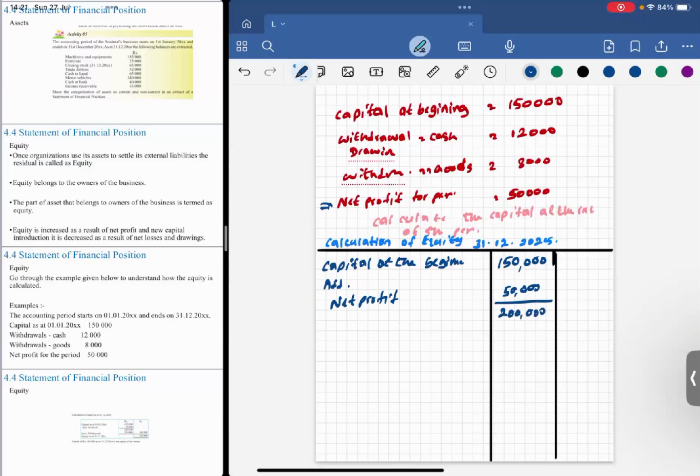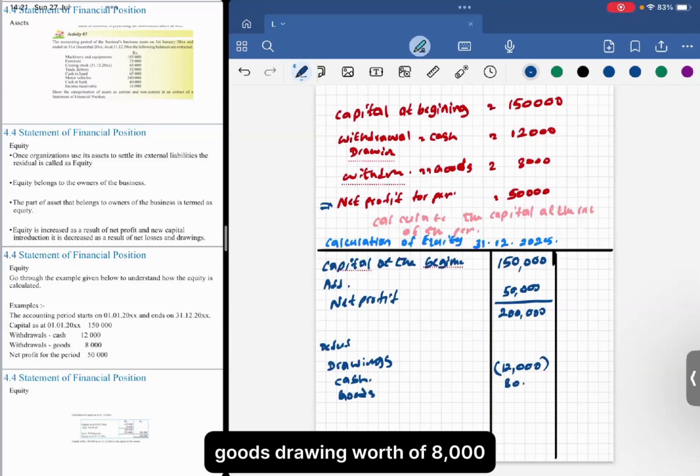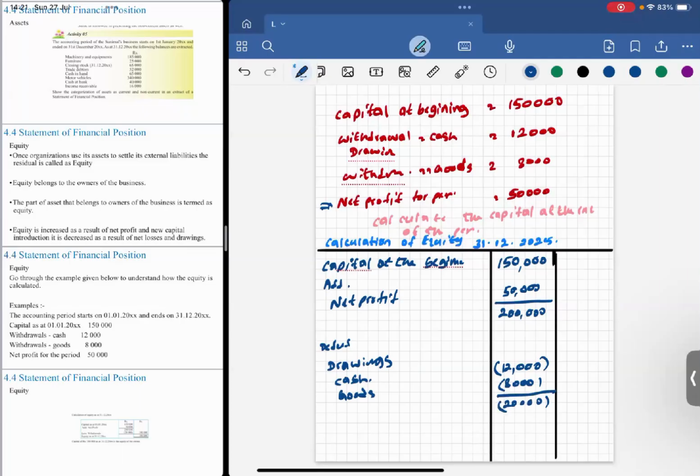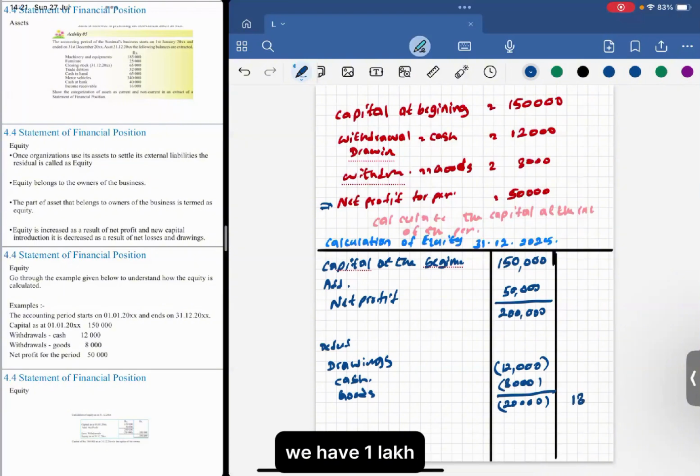Then we deduct drawings. We have a cash drawing of 12,000 and goods drawing worth 8,000, which altogether is 20,000. When it is deducted, we have 1,80,000.